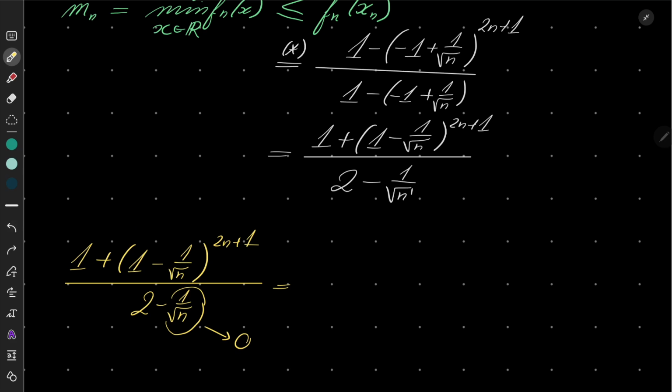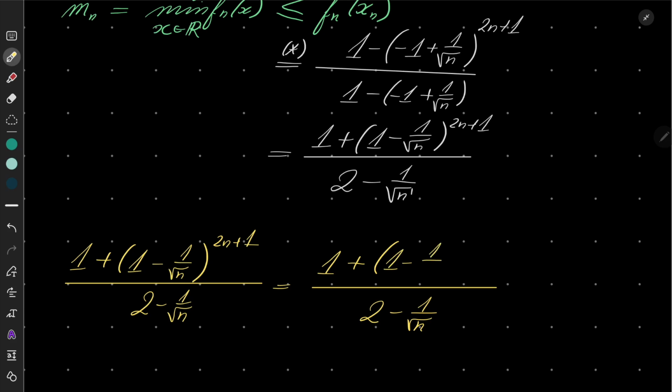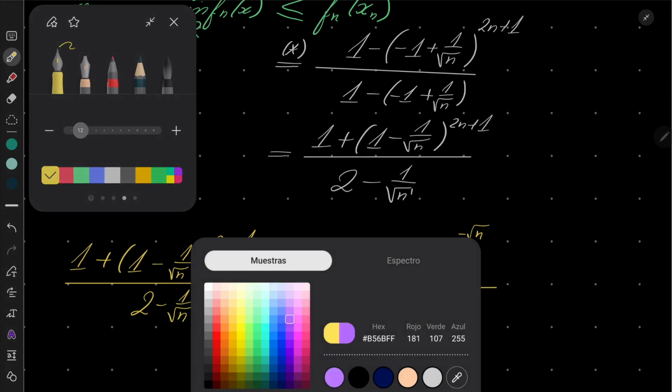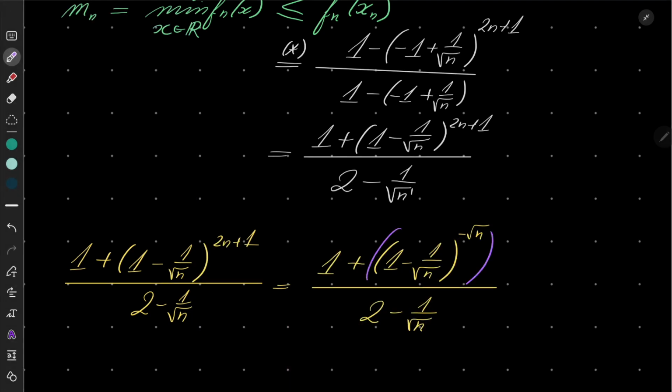So we will make the following manipulations. I will write 1 minus 1 over square root of n, and I will raise this fraction to the power minus square root of n, and moreover, I will raise this entire thing to the power minus (2n plus 1) over the square root of n. It works. It's exactly the same as the exponent which we had previously.